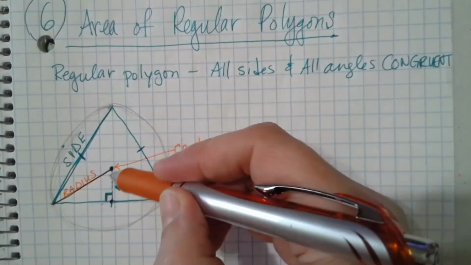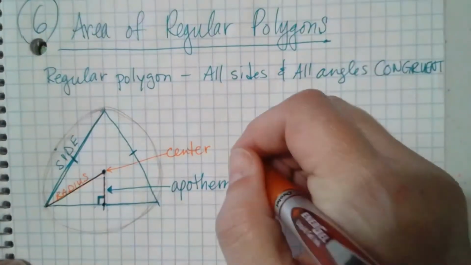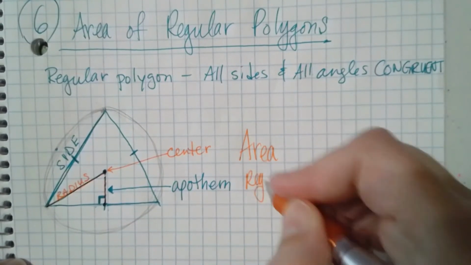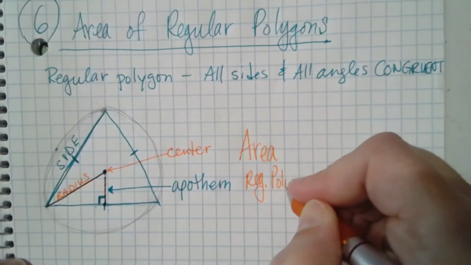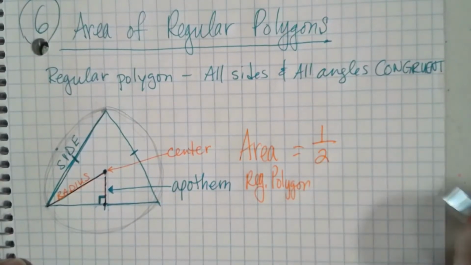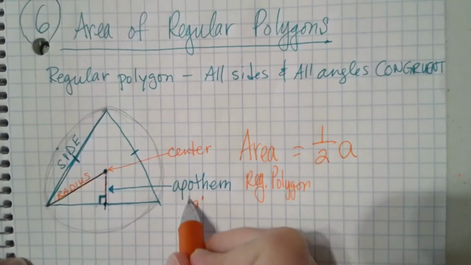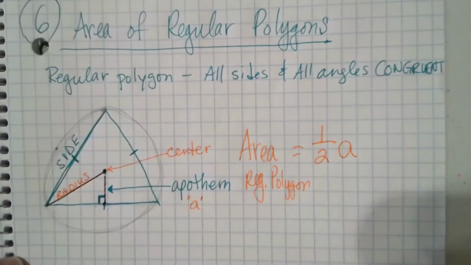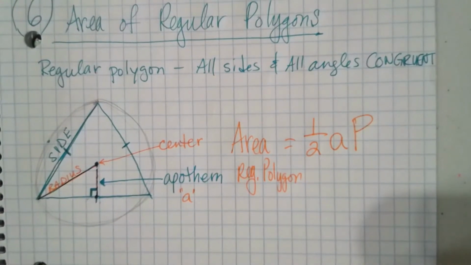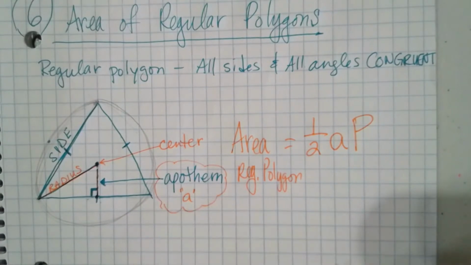We are going to be using this apothem to find the area. Here's our formula for area of a regular polygon: one half little a times capital P. Little a stands for the apothem.